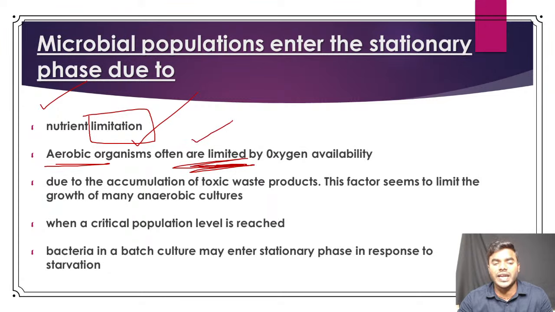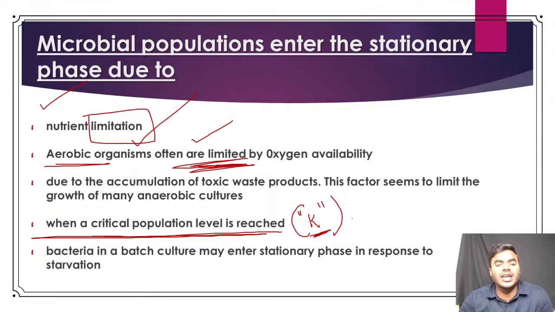Everything is getting limited. And the most unique statement I told you now: the bacteria population reaches K. What is K, friends? Carrying capacity. When a critical population level is reached, which we can call K. And another very important and unique statement, due to the accumulation of toxic waste products. This is important because in the culture the toxic products are accumulating.